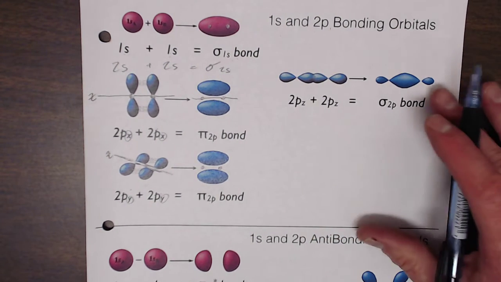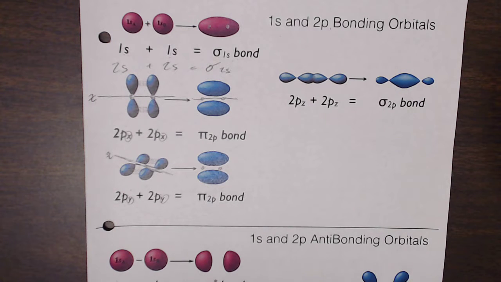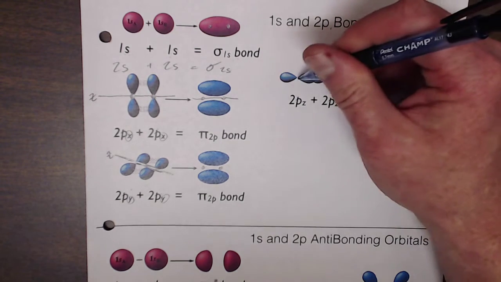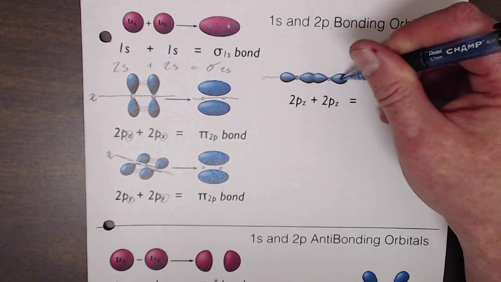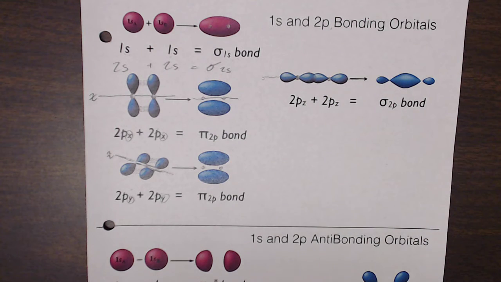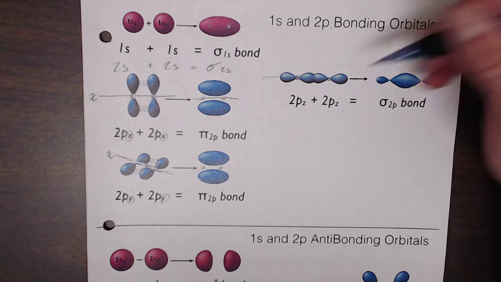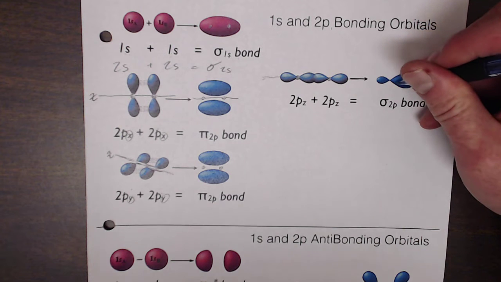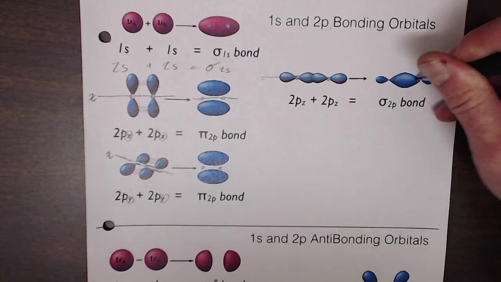But now, the reason why this is important to define x and y is because now, if we look at the 2pz, and again, here's my two nuclei, and so I've defined the z-axis as such, we can see that you would actually get electron density existing between the two nuclei, and that's a sigma bond, okay? So my two nuclei would maybe be right here and right here.